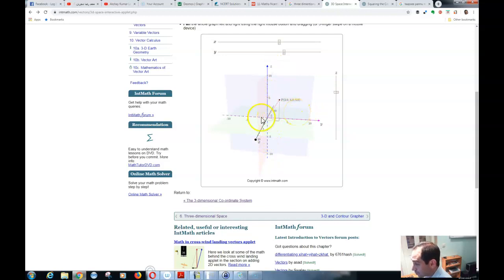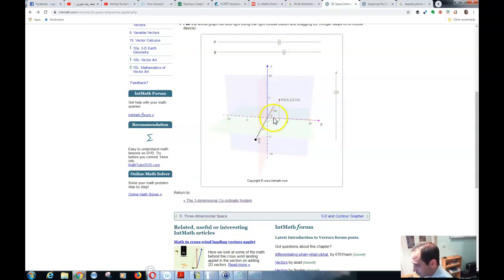So that means that basically the perpendicular distance of the point from the YZ plane, there is some distance over there, and that is the x-coordinate of your point.